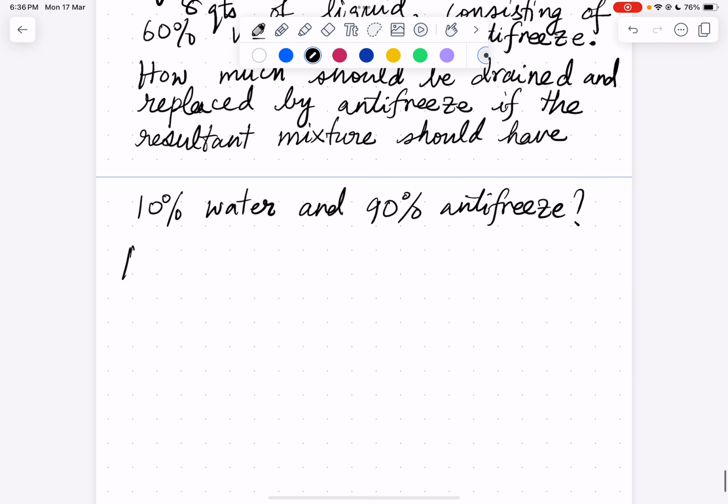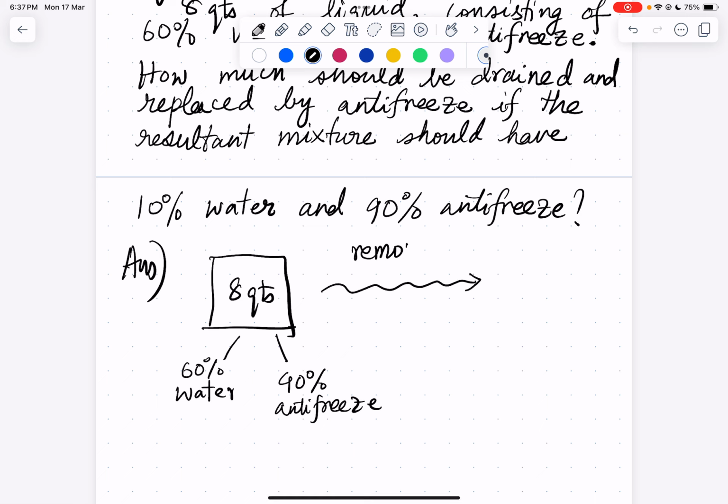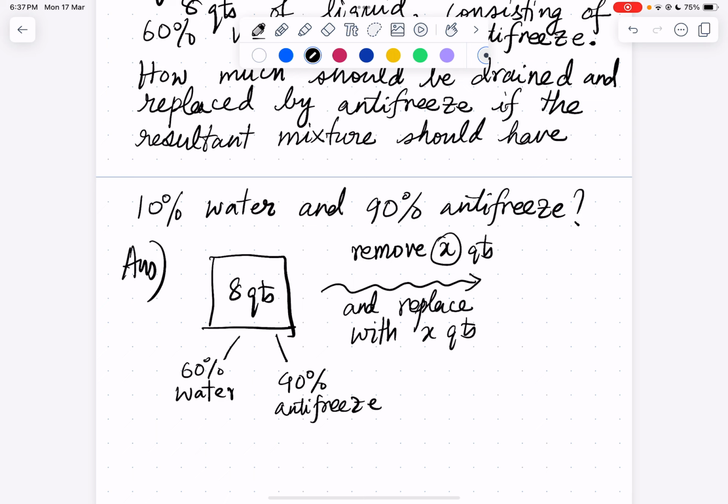So let's describe the problem. We have 8 quarts, so 60% water and 40% antifreeze. So we want to remove X quarts and replace with X quarts of antifreeze.